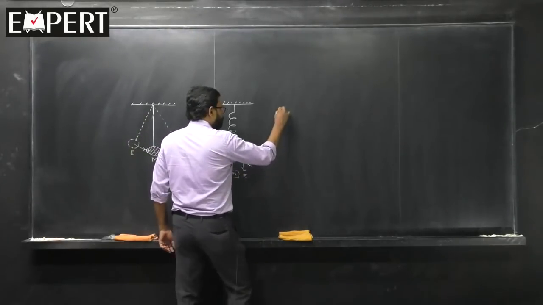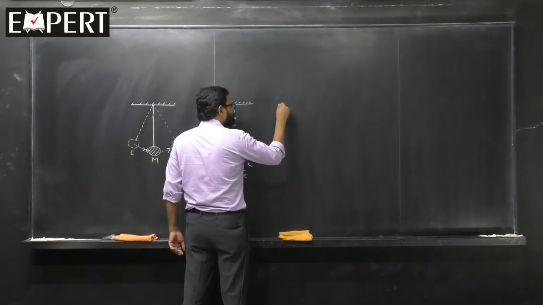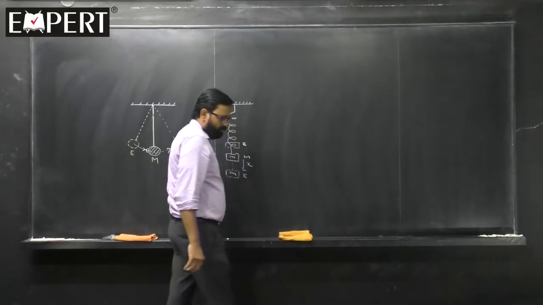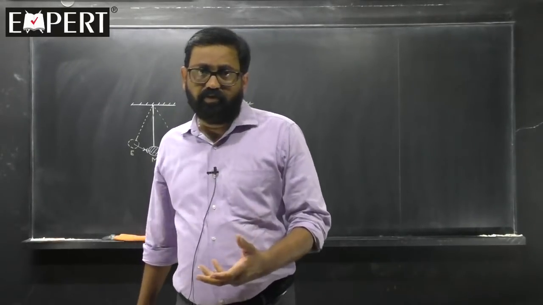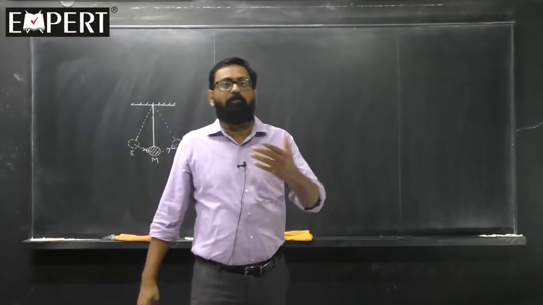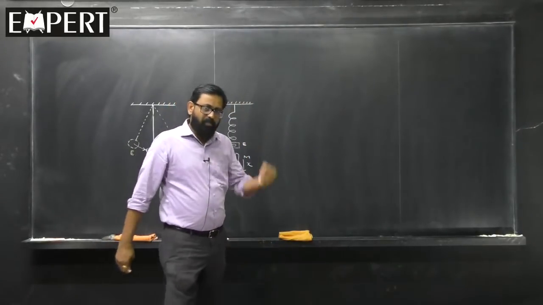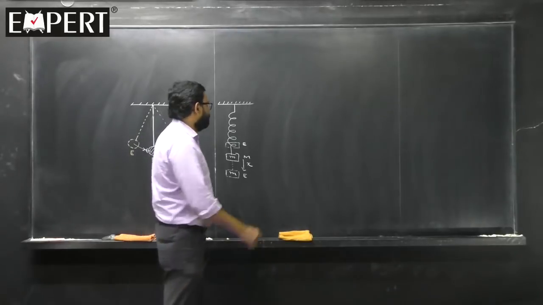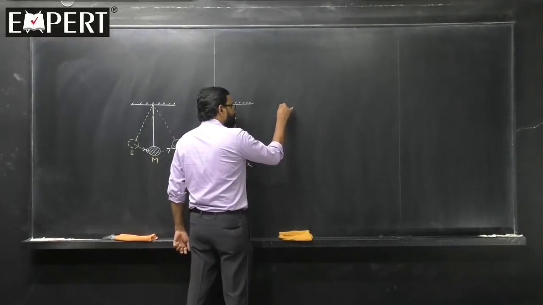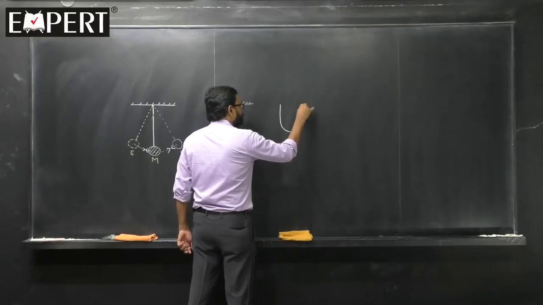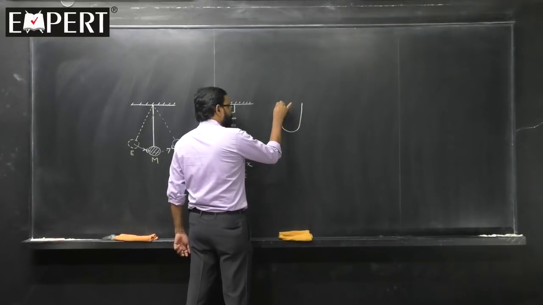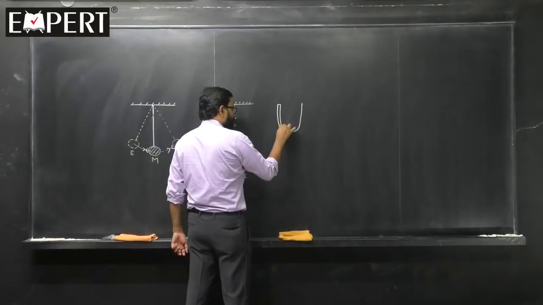Even you can think of one more example, a tuning fork. You might have heard about it. A tuning fork is an instrument using which you can produce a sound of a particular frequency. Some of you might have seen that instrument. See the external features, how it looks. It is made up of metal.